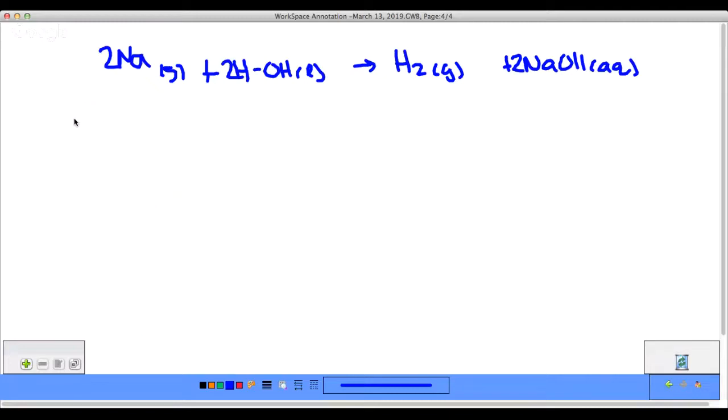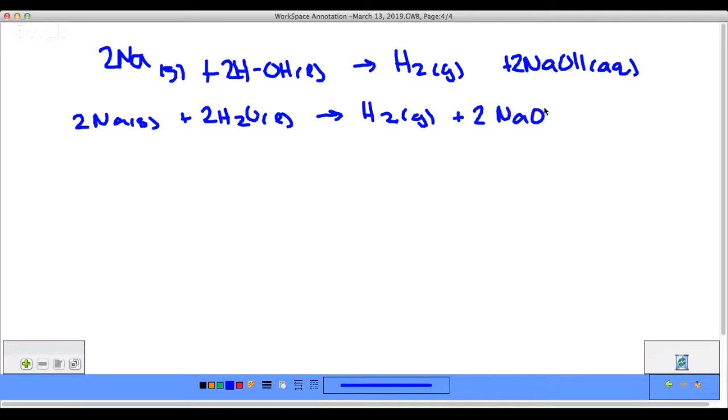So our net ionic equation for this one is 2Na solid plus 2 waters as a liquid, and we are going to produce H2 gas, and we are going to have sodium hydroxide, aqueous, plus 2 OH minus.